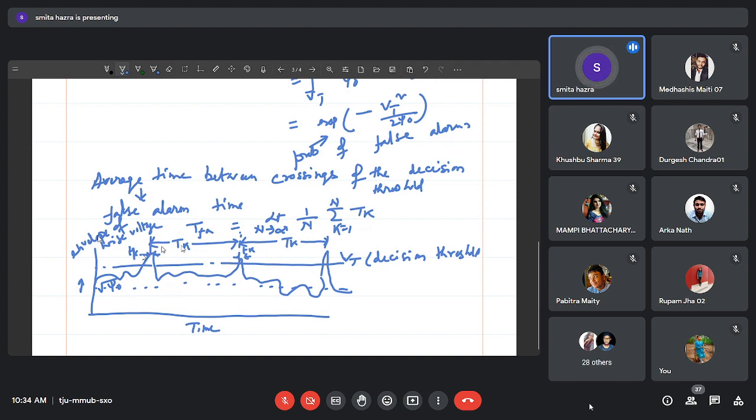This capital T is the gap between two consecutive crossovers when only the noise signal itself is there. From here, we can write the expression of the false alarm time, not probability. This is the gap between two consecutive threshold crossings for only the noise signals. So from this time graph, can we rewrite the expression of the PFA?